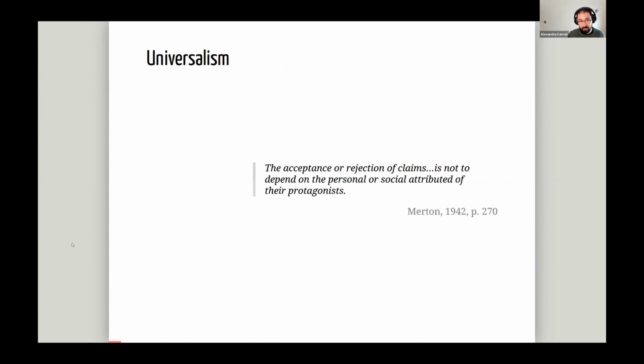So the first core value is universalism. The idea here is that anyone should be able to do science, do empirical work, propose hypotheses and investigate them. And it shouldn't depend on your status or where you come from, or if you're a PhD student or the president of the International Statistical Association.